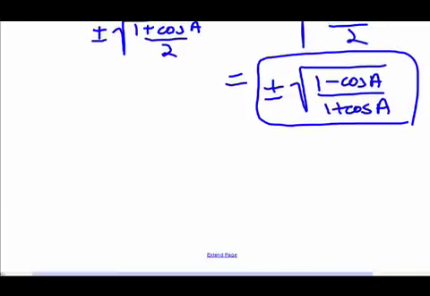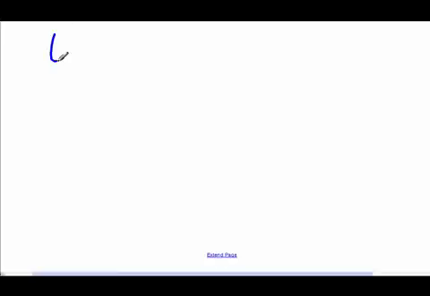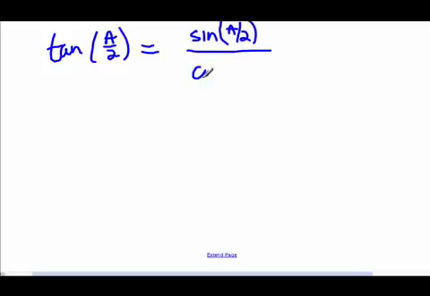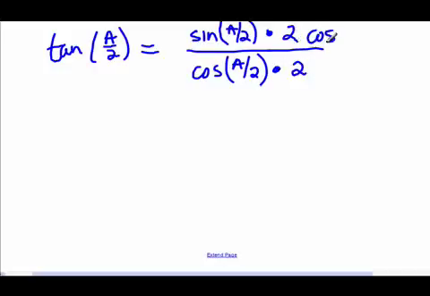If we go back to tangent of a over 2, again start by thinking of this as sine of a over 2 divided by cosine a over 2. Start there. And now let's multiply top and bottom of this fraction by 2 cosine a over 2.